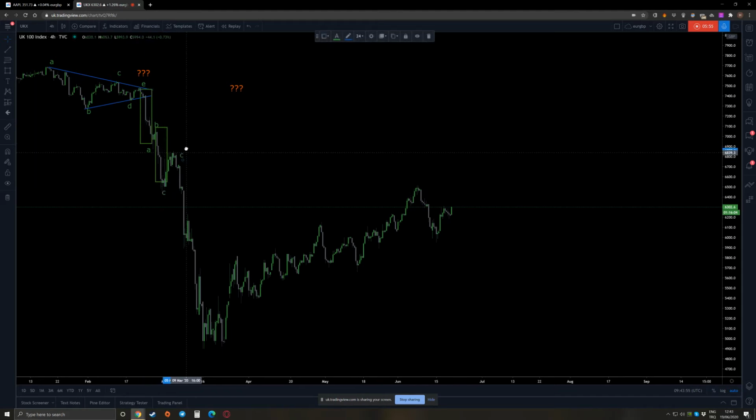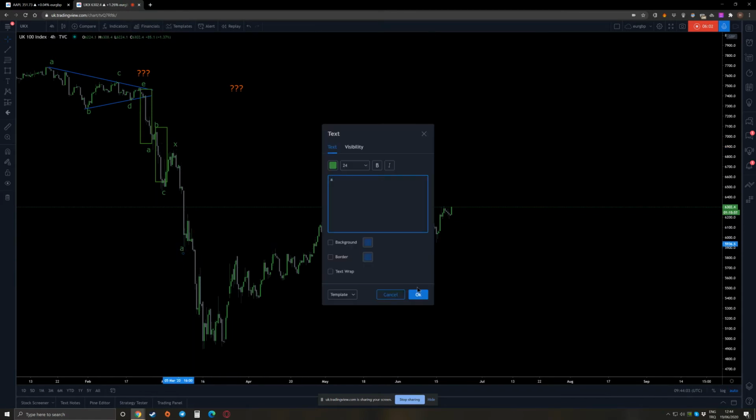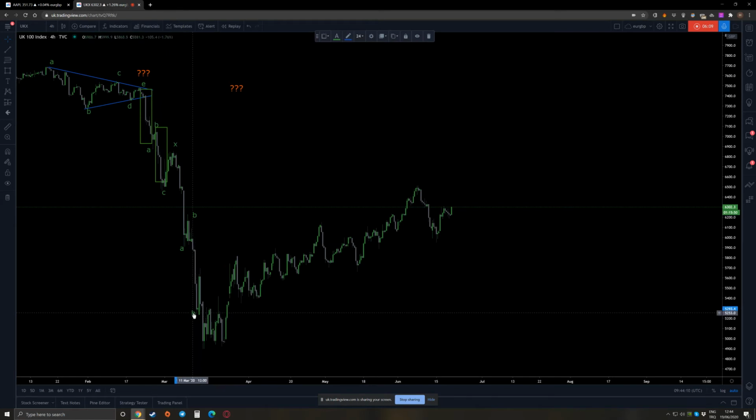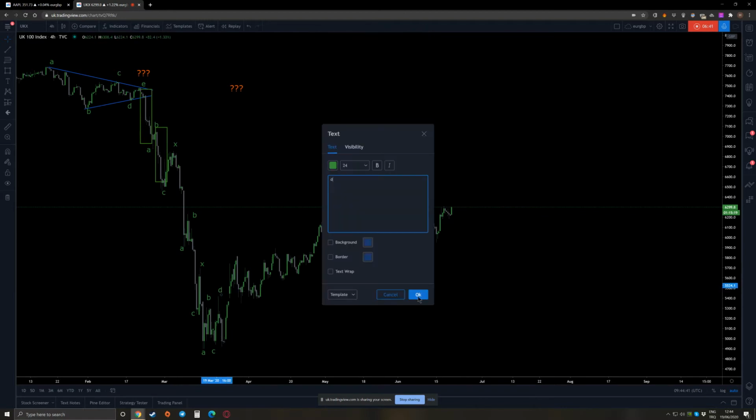Now we have an ABC and then we have an X wave. After this, it looks like we have another A and another B and then another C. Then it looks like we have an X wave, and then we have a wave A. We have some type of maybe a B here, maybe a C wave, a D wave, sorry, a D wave or an E wave.